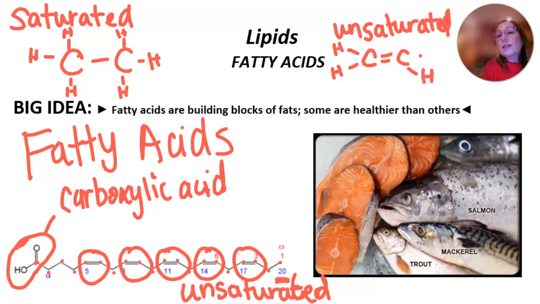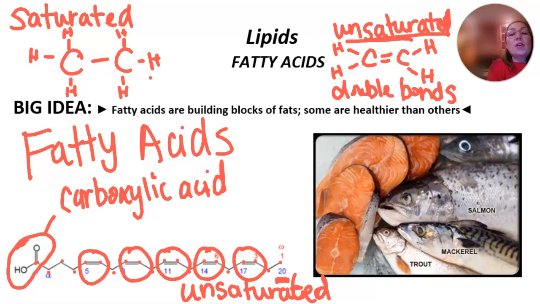So the presence of double bonds are what we call degrees of unsaturation, where something is unsaturated if it has double bonds. So unsaturated with double bonds. Fully saturated means that you have all single bonds.